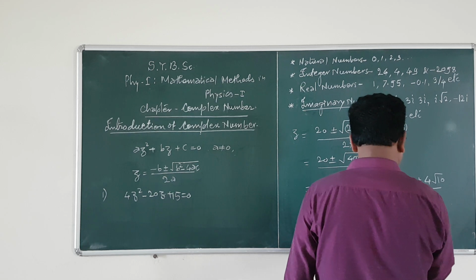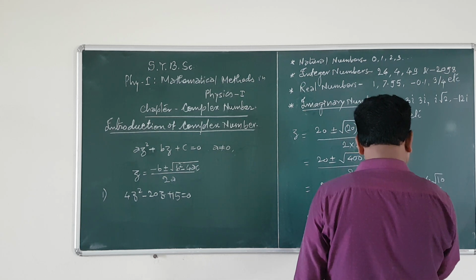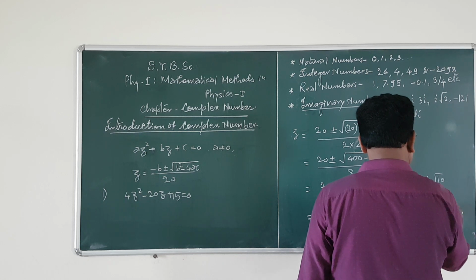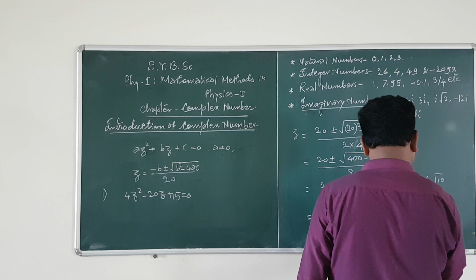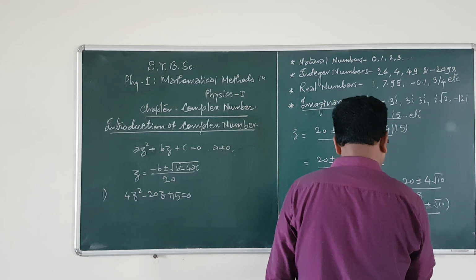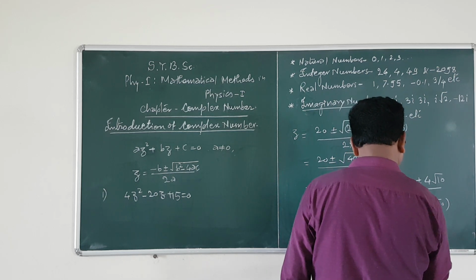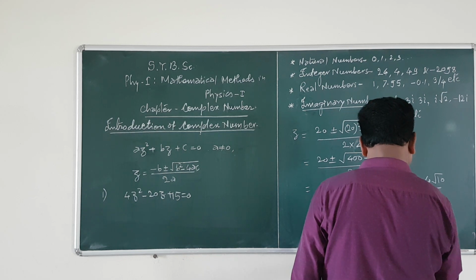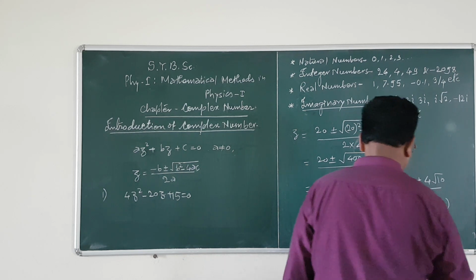After solving this term, we will get 4 into 5 plus minus root 10 upon 8, and then 5 plus minus root 10 upon 2.